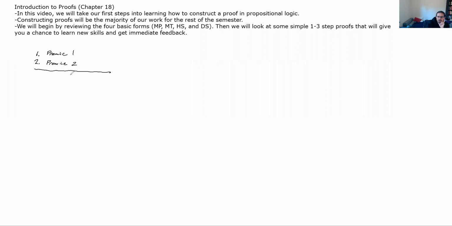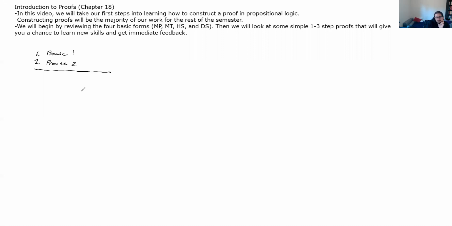Now, in categorical syllogisms, each argument had 2 premises and 1 conclusion. That's not necessarily going to be the same in propositional logic. Propositional logic will allow us to do arguments that are many, many premises long. The shortest ones will be as little as 1 premise.